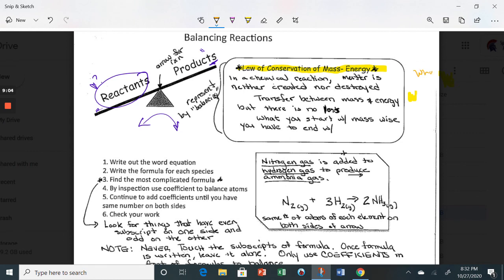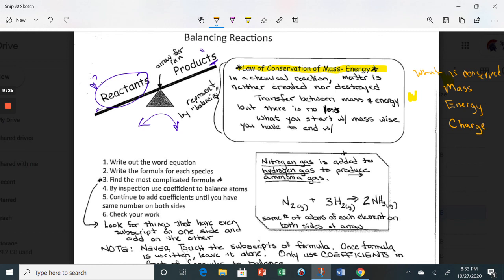Okay, what is conserved in a reaction? And here's the 3 things. Mass, which we're going to talk about today. Energy, which we're going to talk about soon. We'll mention it now. And this thing called charge. Okay, remember we had ions?